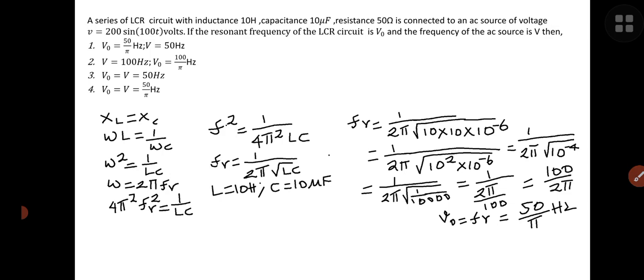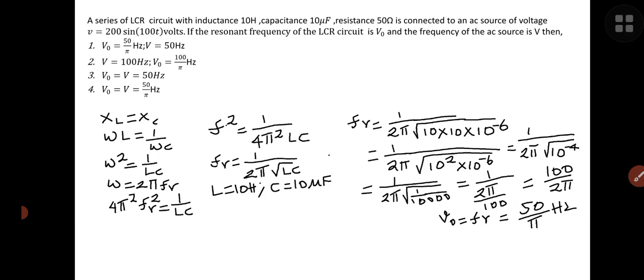A series LCR circuit with inductance 10 Henry, capacitance 10 microfarad, resistance 50 ohm is connected to an AC source of voltage V equal to 200 sin 100t volts.